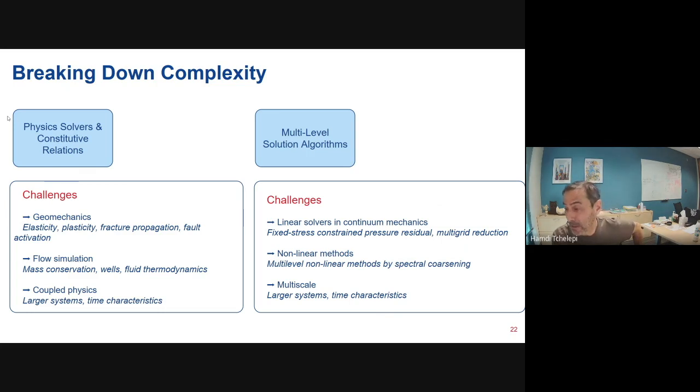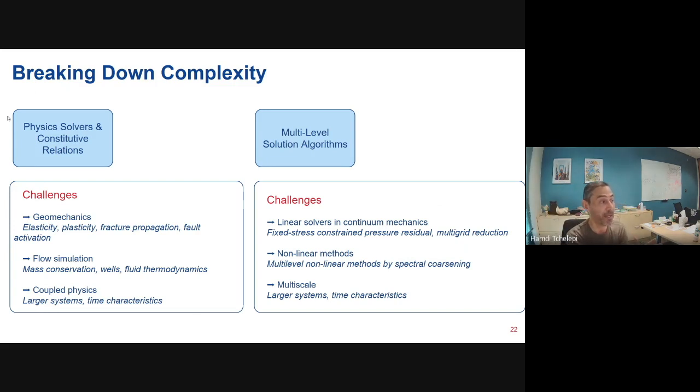Couple of words, and then I'll stop. So one has to break down the complexity of the problem. So we want to make sure that we decompose, if you will, the physics from the algorithms, from the computational numerics for high-performance computing.